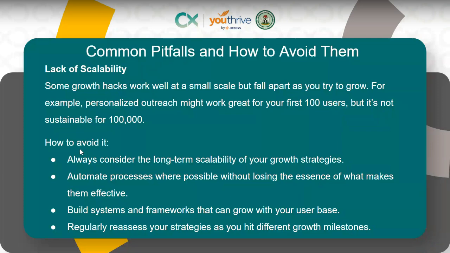So what this is pretty much saying is that there are some strategies you can deploy that might work effectively when you have a lesser number. By the time you start growing, you now start thinking of what you can do that you can scale.